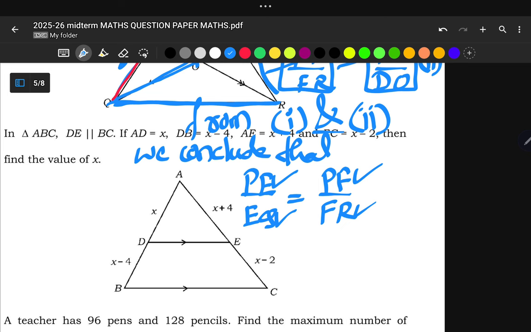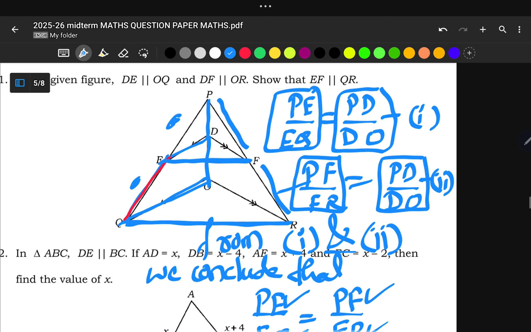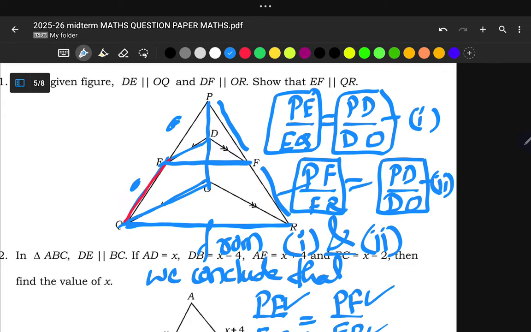What about Thales theorem? Thales theorem says that if a line is parallel to a side of the triangle, then the intercepted sides of the intercepted triangle and original triangle are in ratio. That is the given question 1 here.